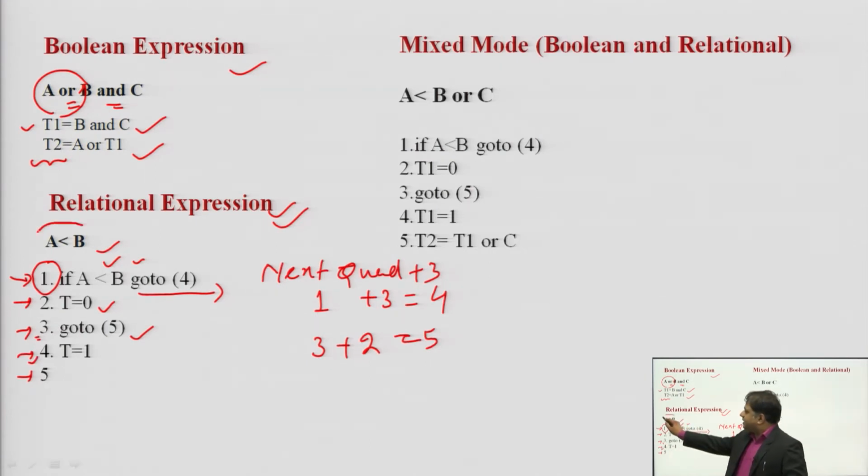So, this relational expression will execute in this way. If A is less than B, if it is true, then go to statement number 4. When it reaches statement number 4, what does the value become? The value of t is 1, that means the result is true. Then from here it will continue in sequence.